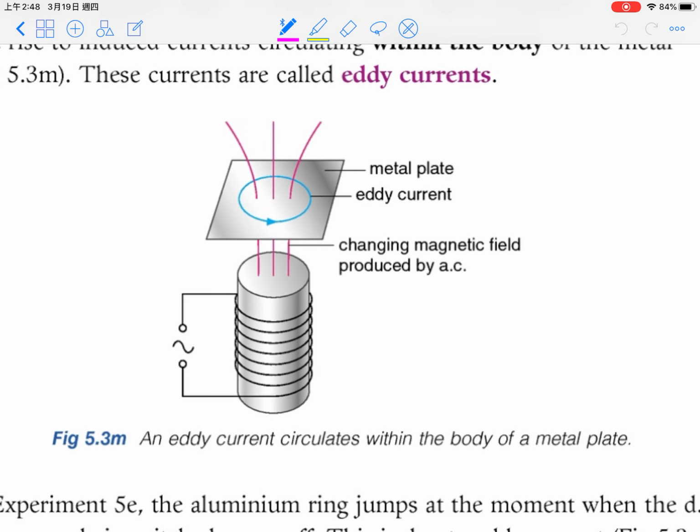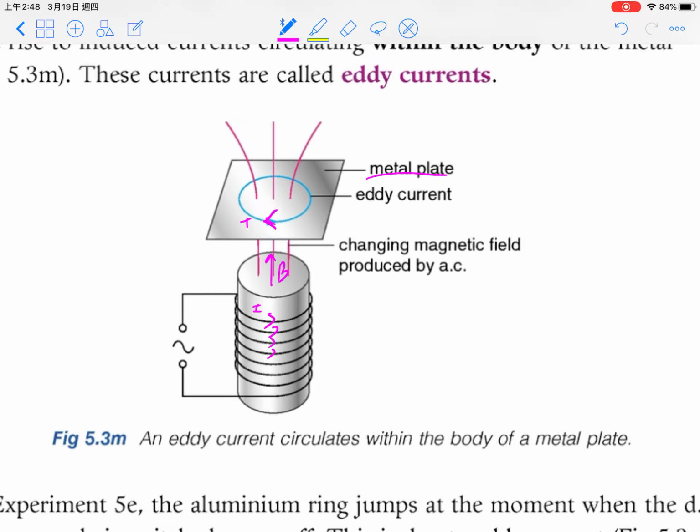If we have a solenoid like this, now suppose the current flows in this direction. So the B field, by the right hand grip rule, is going up. In order to oppose the magnetic field change, inside the metal plate we have induced current by Lenz's law.